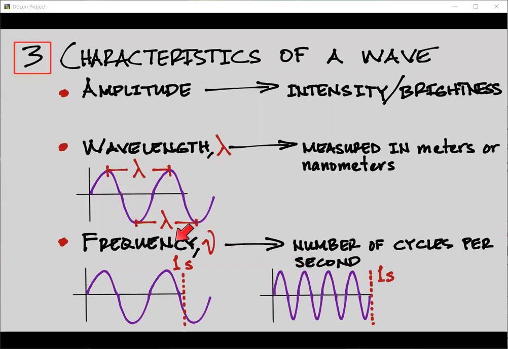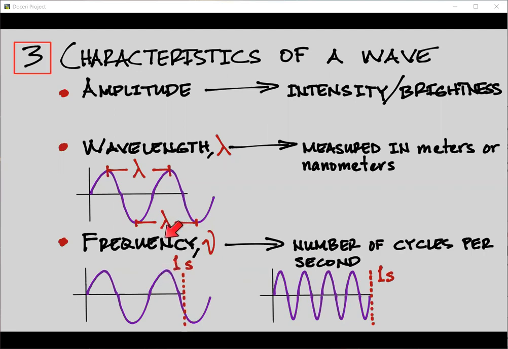In terms of frequency, which is the number of cycles per second, let's assume that this is the 1 second mark here, which is equivalent to this one. You can see that wave number two has a lot more cycles per second. So this is 1 cycle right here, 2, 3, and so on. Over here, you only have a few cycles per second.